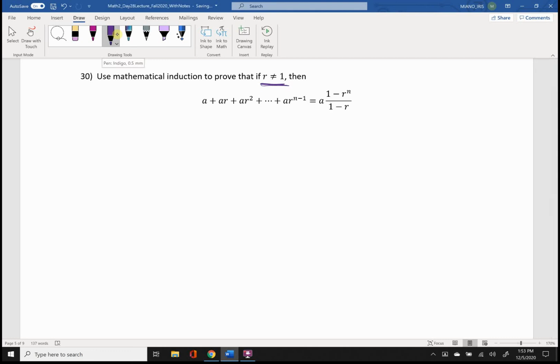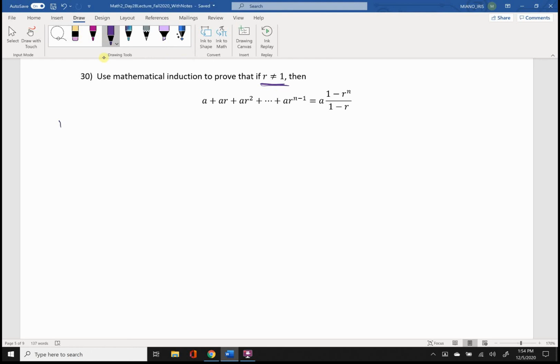Okay, noted. Because what would happen if r equaled 1 on the right-hand side of the equation? Well, we would have a denominator that's a 0. So obviously we can't have that. We're not going to mess around with that. So that's why we have this stipulation here. Cool. So let's go ahead and use mathematical induction.